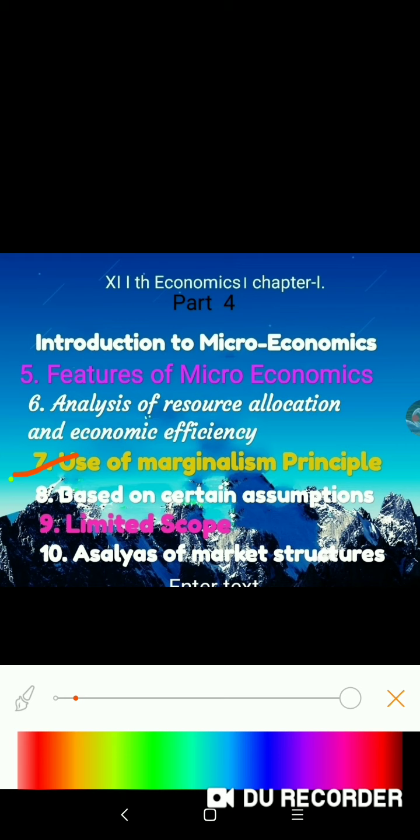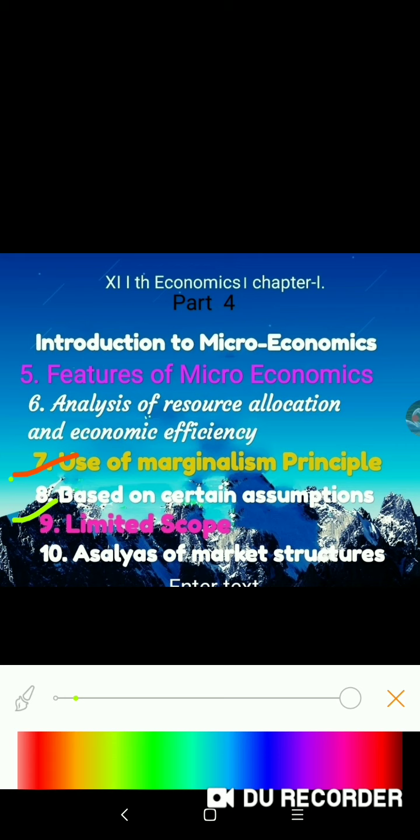Next, the eighth point, based on certain assumptions. Microeconomics assumes a laissez-faire policy, pure capitalism, full employment, perfect competition, etc., which don't exist in reality. Also, most of the theories are based on ceteris paribus assumptions, means other things being constant.